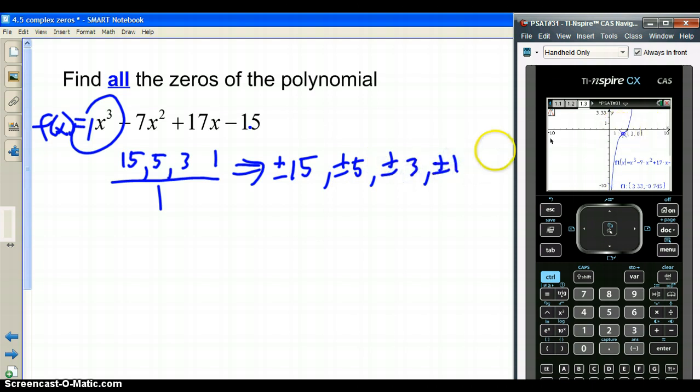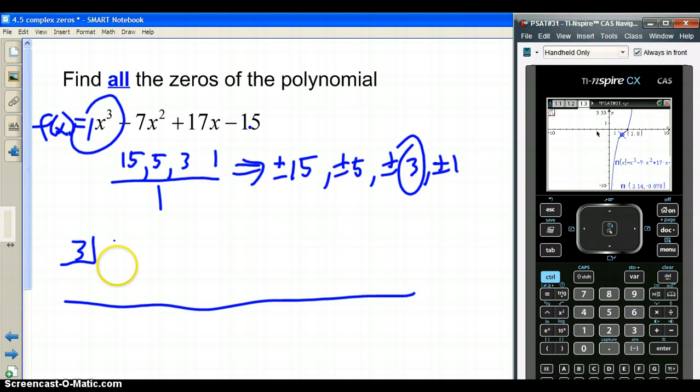One of those is the solution, 3 is, and so I'm going to synthetically divide out a 3. Use synthetic division, 1, -7, 17, -15. So if I bring that down, 1 times 3 is 3, I get -4. I know my remainder is going to be 0 here because I see that it's a root.